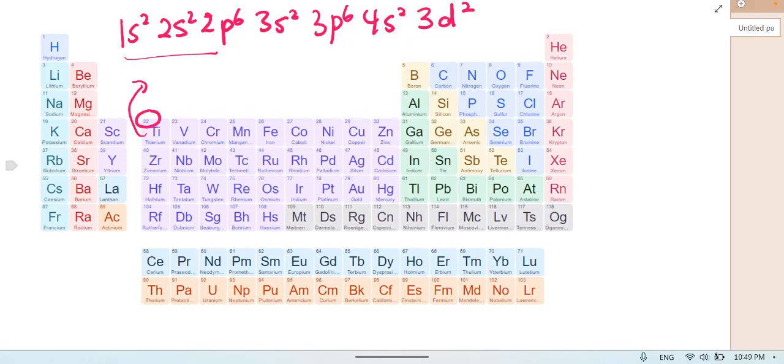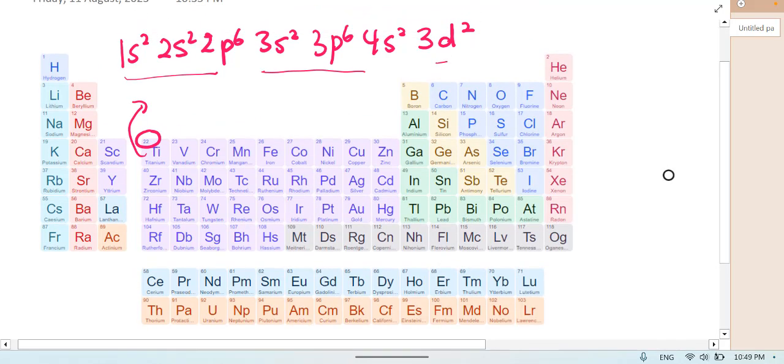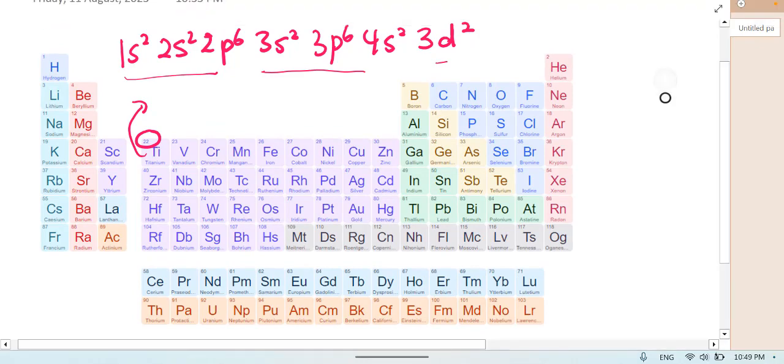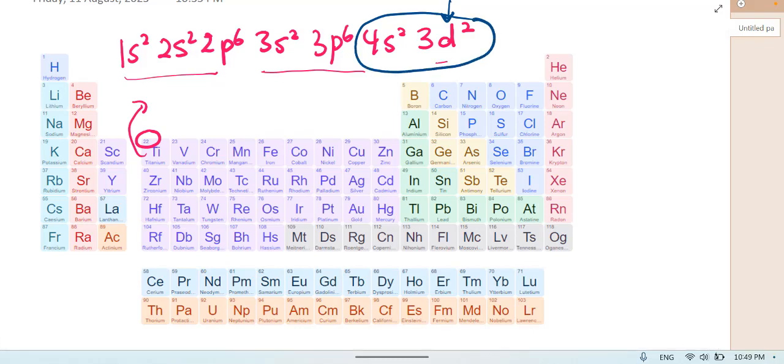Looking at the electronic configuration, this element comes from D block. So we add 2 plus 2, 4 valence electrons, group 4. Group 1, group 2, group 3, group 4.